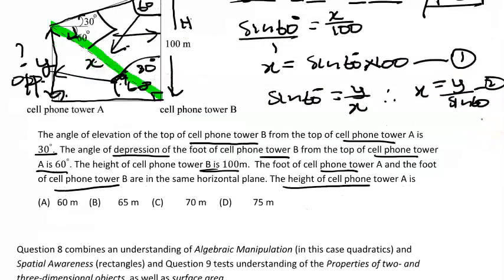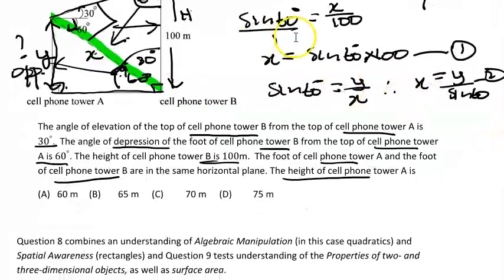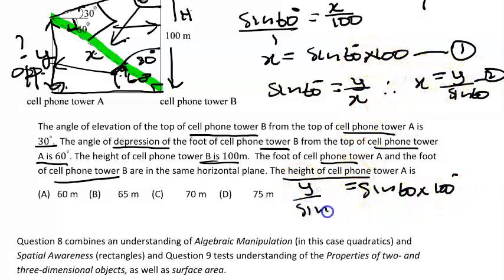If you look at it now, we can solve for the unknown side. X equals sine of 60 times 100, and this one over here is Y over sine of 60.